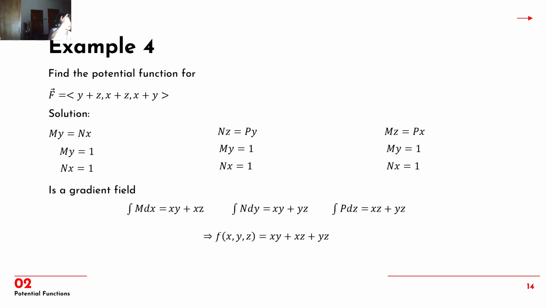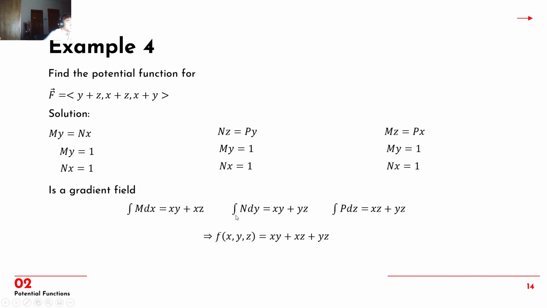So another example of a three-dimensional gradient field. Vector f is y plus z, x plus z, and x plus y, that is similar to the last example. So we already know that this vector field is a gradient field, so we just need to integrate M dx, we got xy plus xz. We integrate N dy, we got xy plus yz, and integrate P dz, we got xz plus yz.